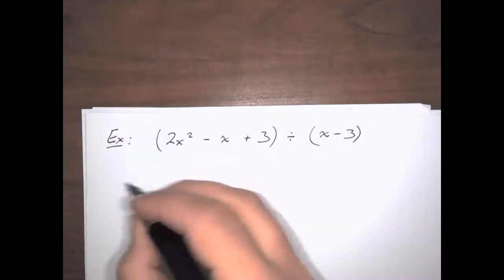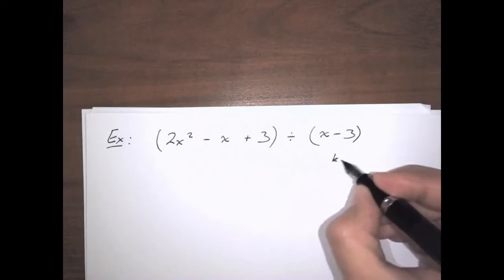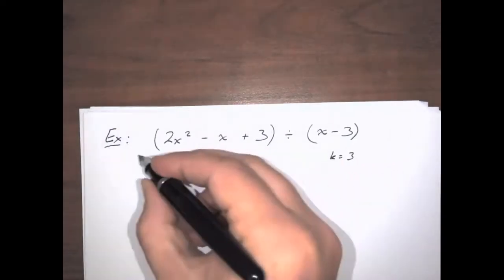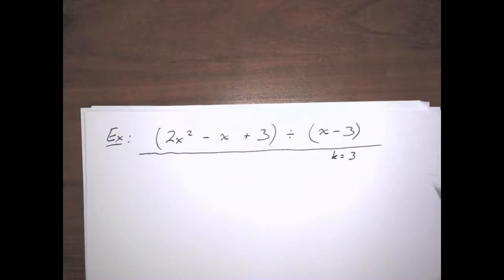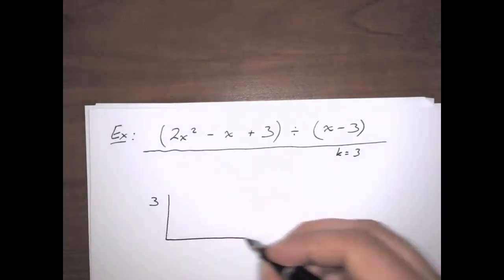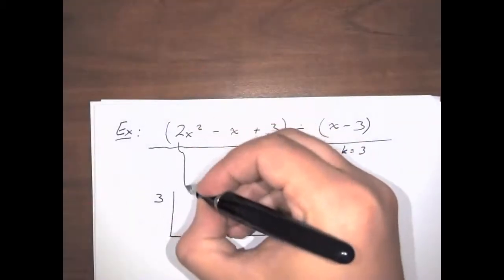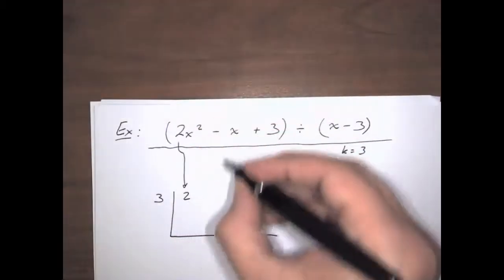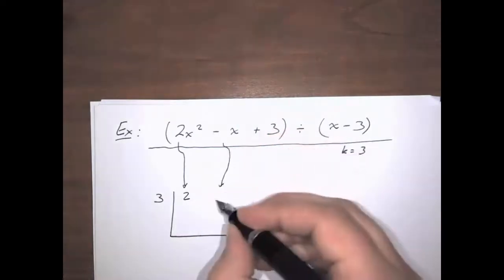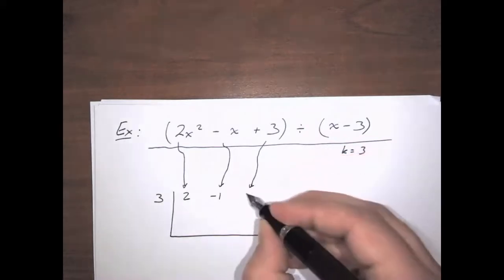Alright, so the way this is going to work, here k is equal to 3. So that means we're going to have a 3 right here in front of our big L shape. And then here, the coefficients are first 2, then negative 1, then 3.